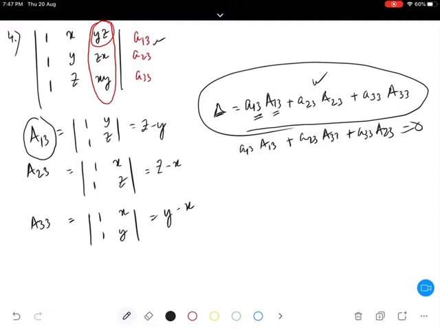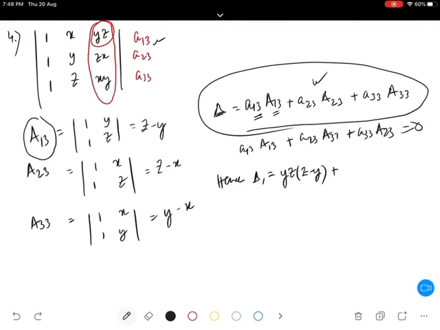So this is it. What will be my answer? Tell me. So A13 is what? Hence, A13 is yz, into what? Z minus y, plus A23.